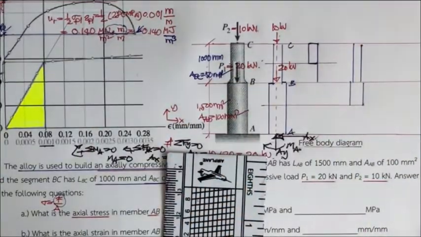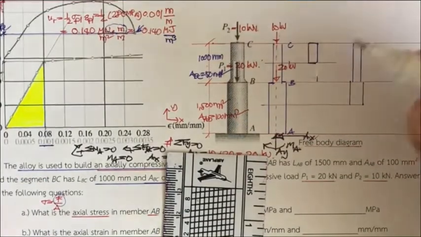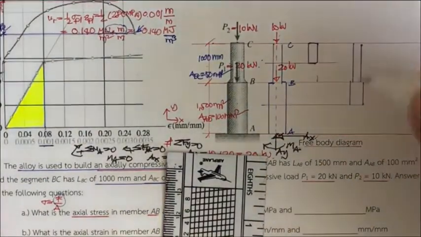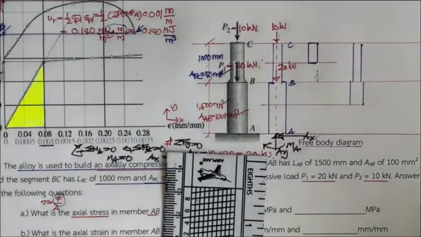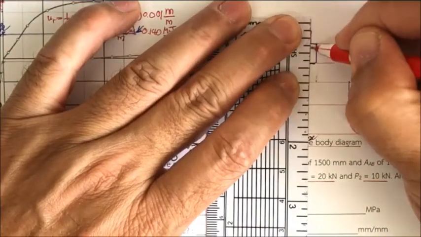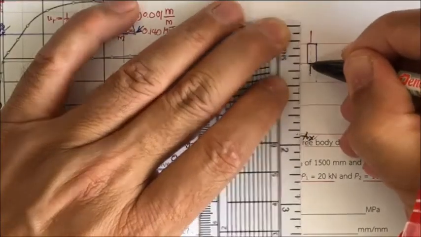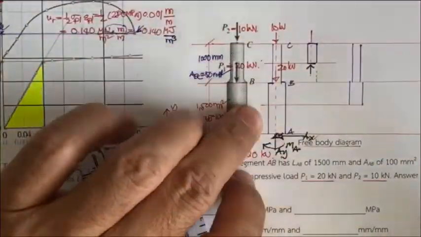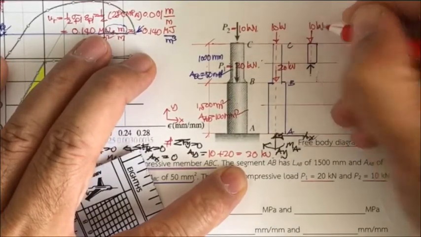They are different. This one we cut only in the portion of member BC. It is subjected to the force here, and will have the internal force here. This is subjected to 10 kilonewton.